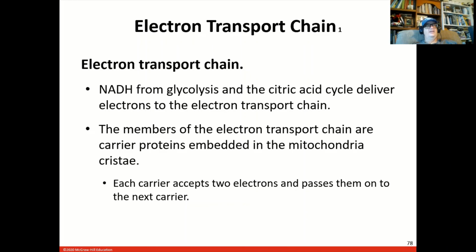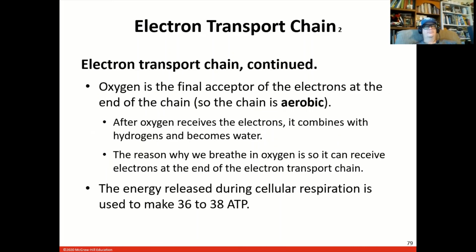And the electron transport chain is made out of proteins that are part of the membrane in the cristae of the mitochondria. And it says each carrier accepts 2 electrons, passes on to the next carrier. Yes, but they're not mentioning the important part. And pumps a hydrogen, okay? It pumps hydrogen across that membrane. You're storing hydrogen in the intermembrane space, and that hydrogen wants to go back through to the matrix.